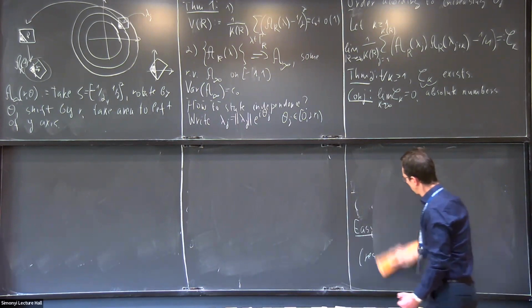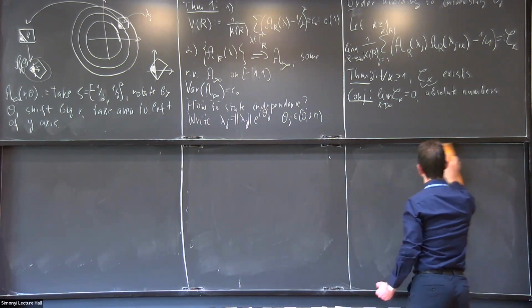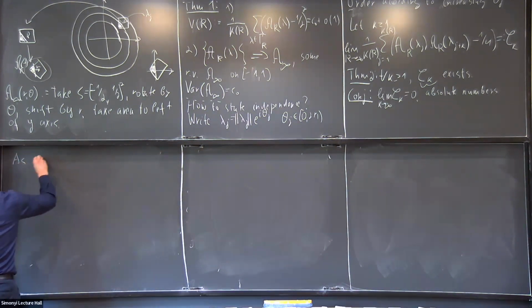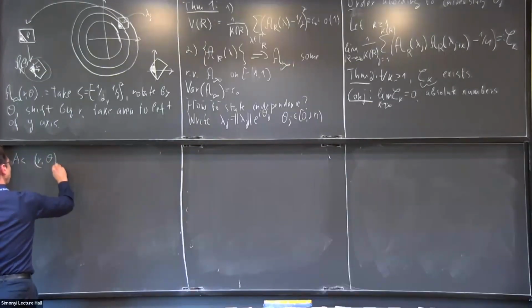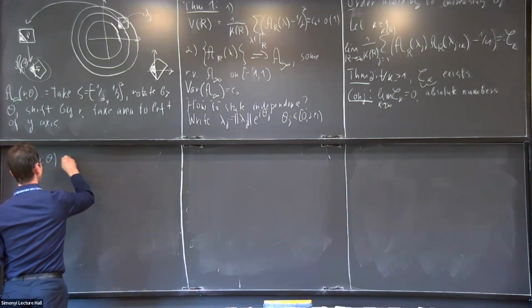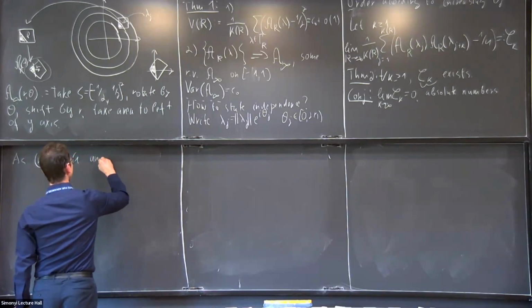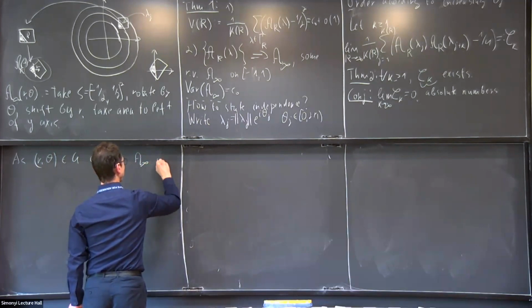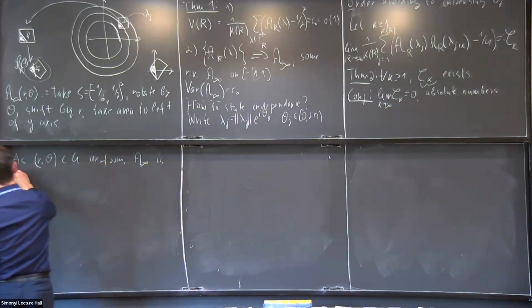So as R, theta are uniform in G, A infinity is a random variable.